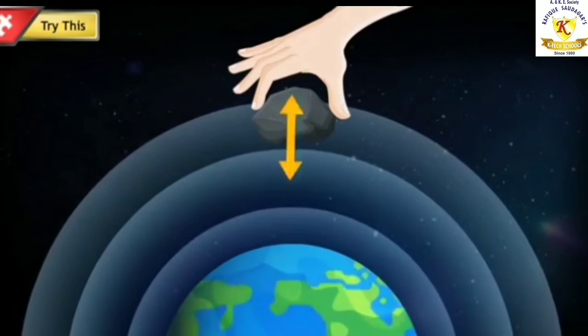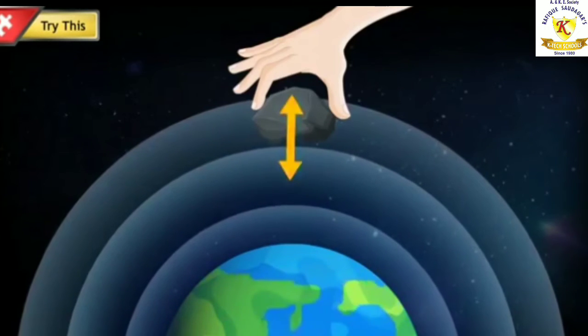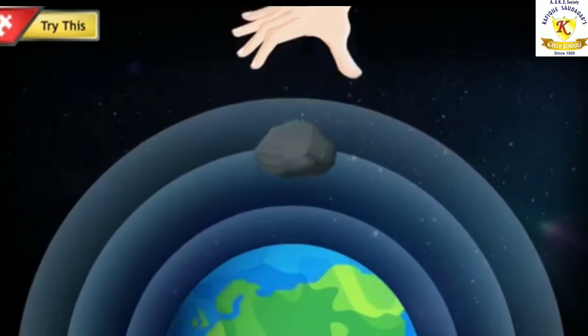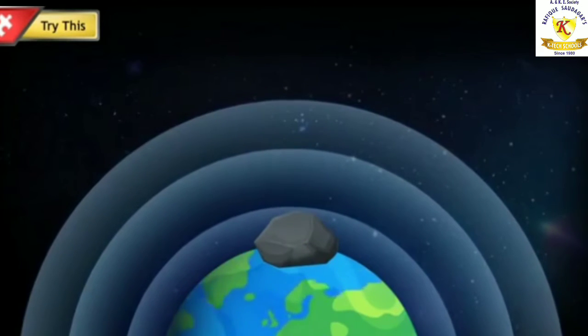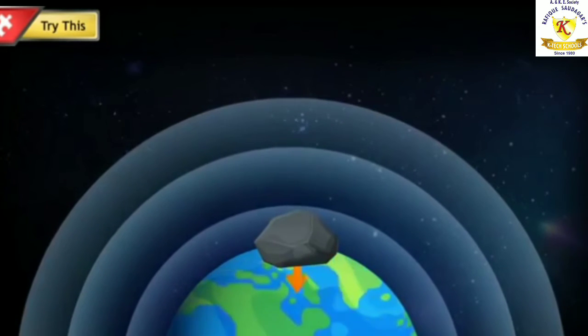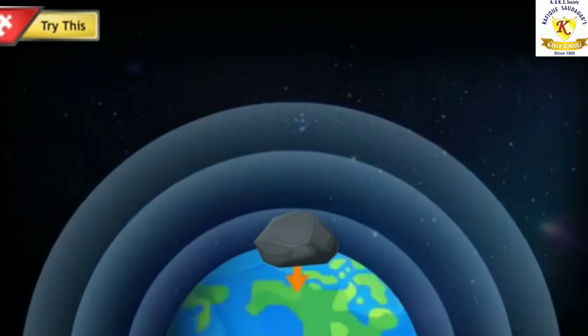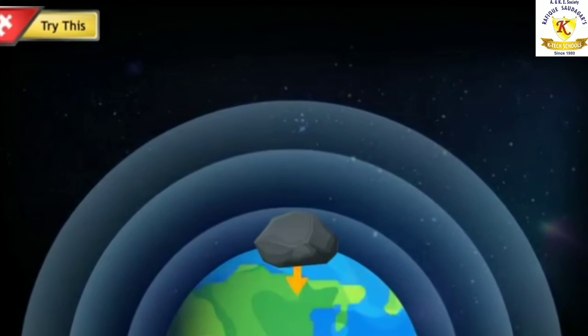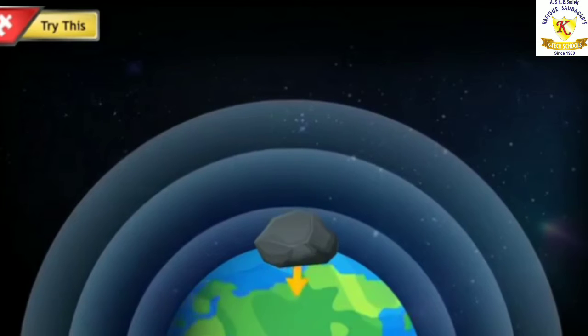As a result, the stone remained at rest. Once we release the stone from our hands, the only force that acts on it is the gravitational force of the earth, and the stone falls down under its influence.